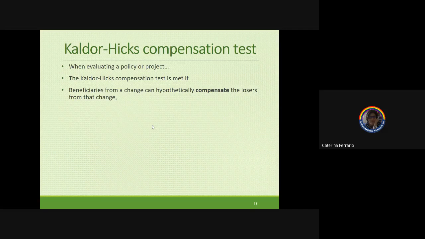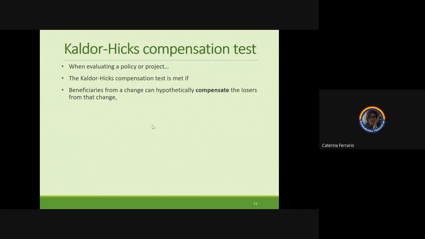So how would you choose whether a change is worth implementing or not once you have both losers and gainers from that project? The Kaldor-Hicks compensation test gives you an approach to solve this situation.